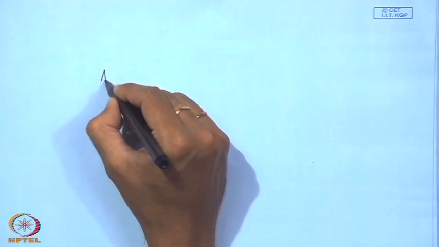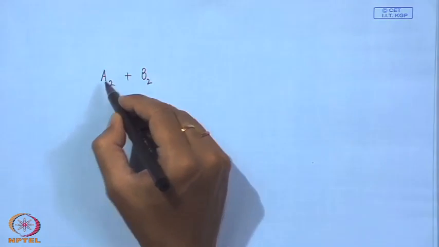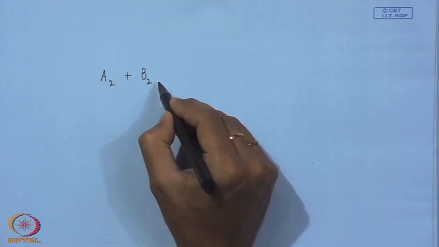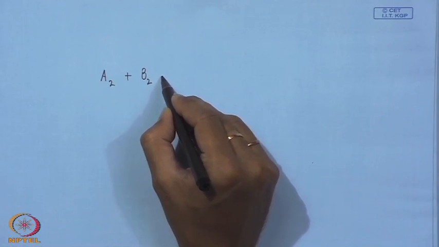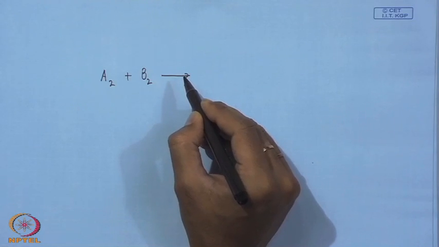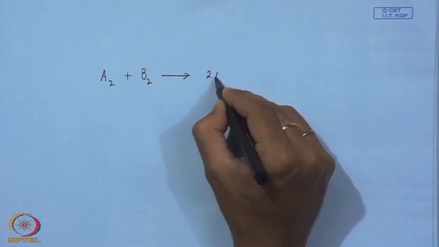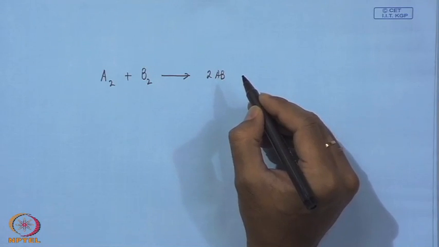Suppose two diatomic gases, A2 and B2, are introduced in a container, and what is seen is that no reaction is taking place. We are expecting maybe 2 AB, but the reaction is not taking place.